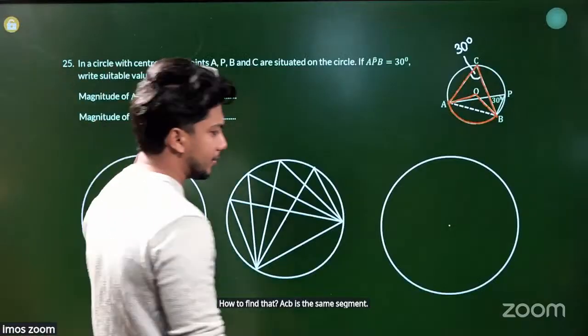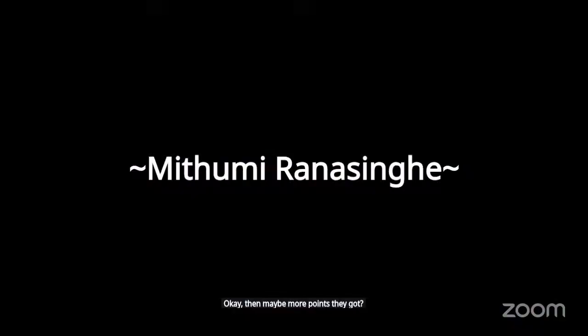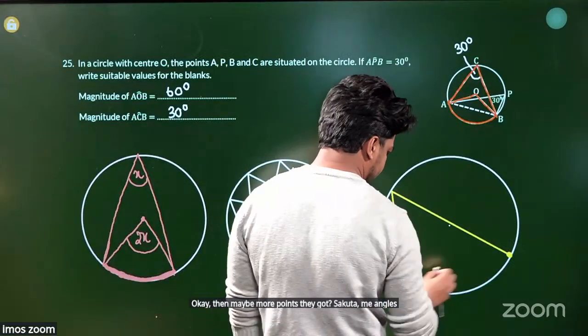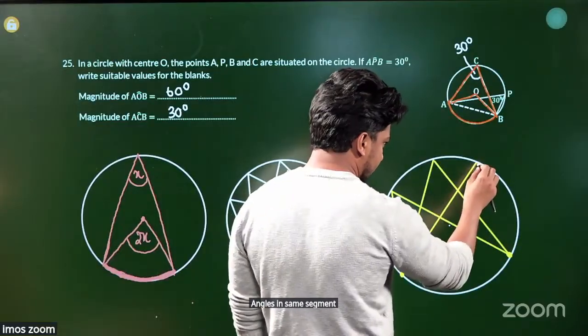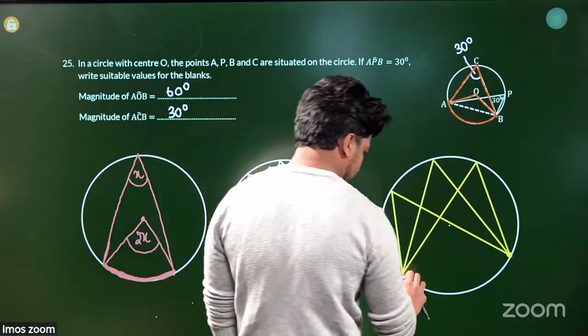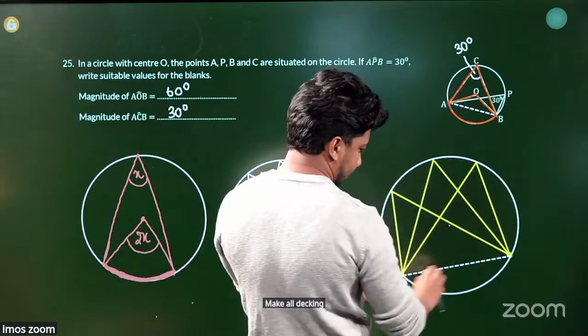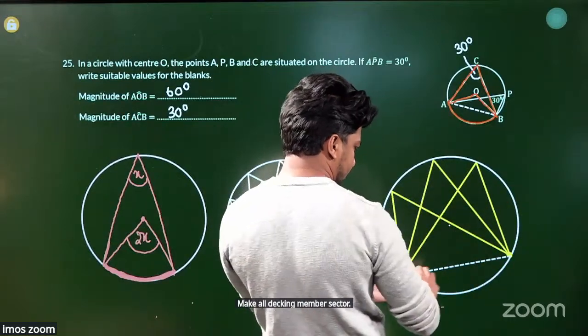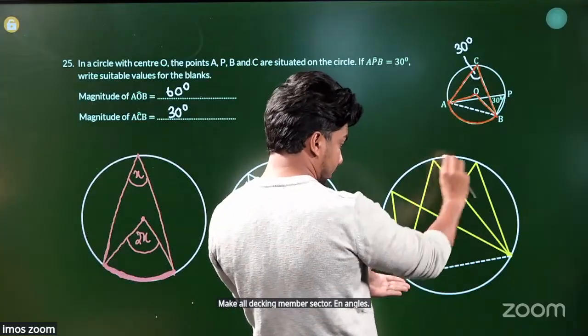Puta, imagine there are two points like this. Then all these angles are angles in the same segment. Your question is how to find that. Think a little. If you draw a broken line, this is a chord, right? By this chord, this is the major sector and this is the minor sector. The angles this chord subtends on the major sector, on the circle. Can you understand what I'm saying?